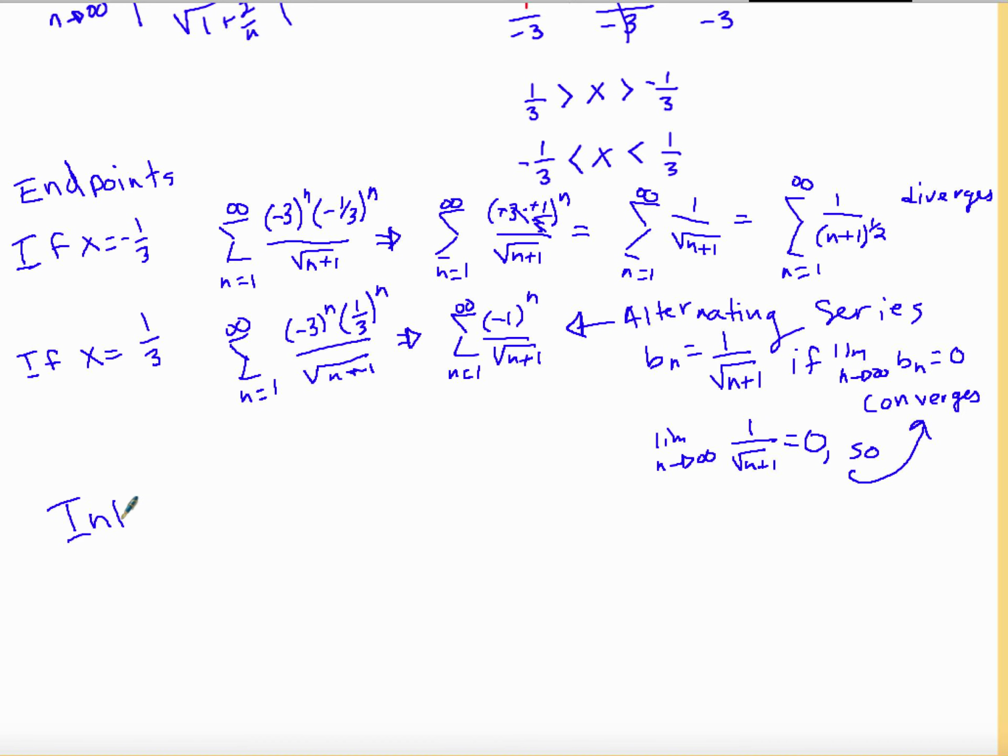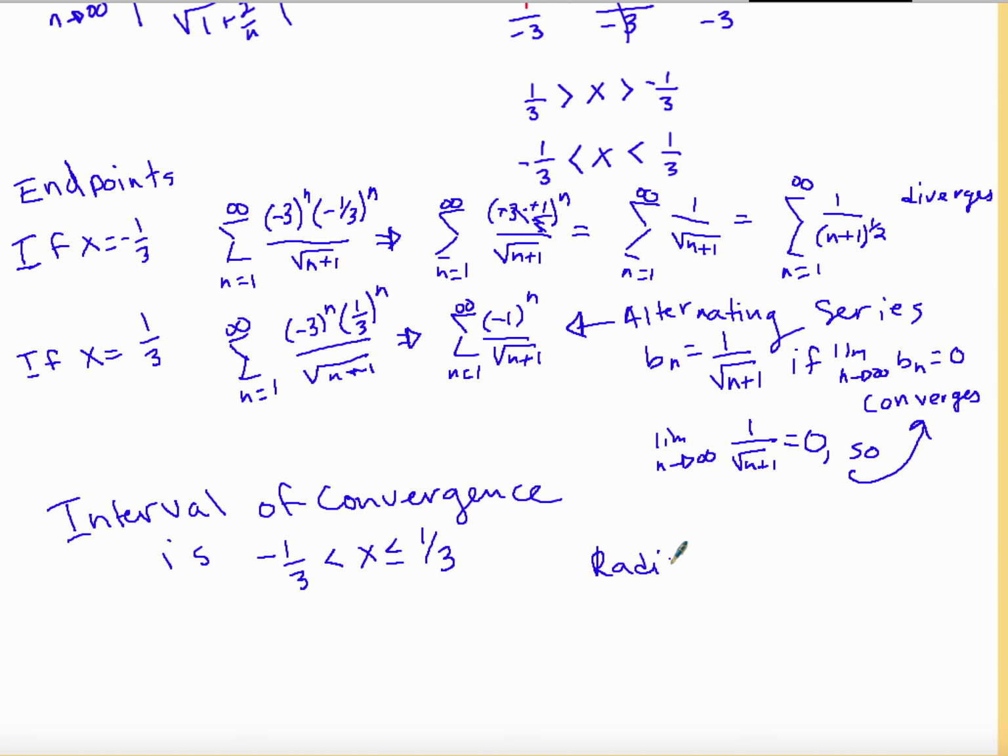So the IOC, the interval of convergence, is negative 1/3 is less than x, which is less than or equal to 1/3. And that radius of convergence is 1/3, because the distance from the middle to the edge is 1/3. And we're done.